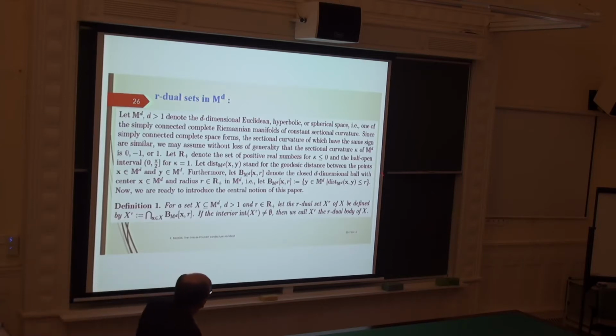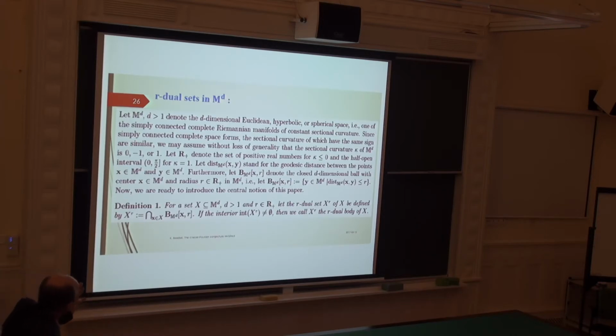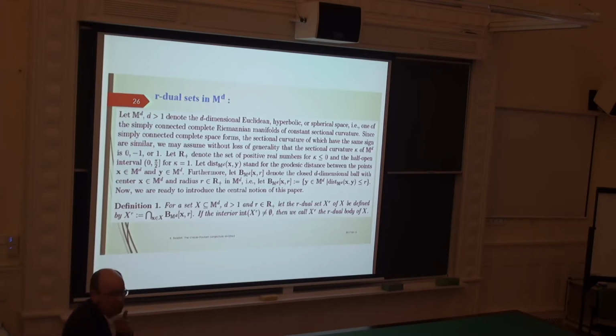If the curvature of space is non-positive, in other words, if we look at the Euclidean or hyperbolic case, then R+ refers to the set of positive real numbers. If it happens to be the spherical case, then R+ refers to this half-open interval. So my radii will be chosen from R+.